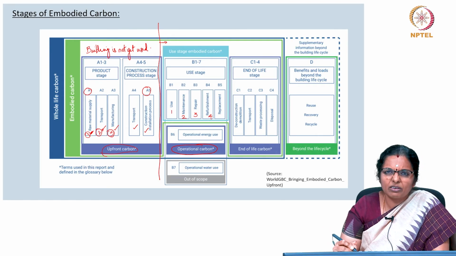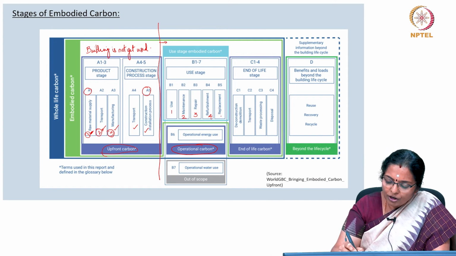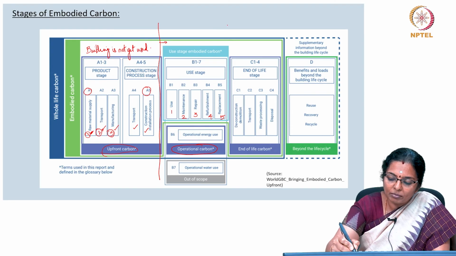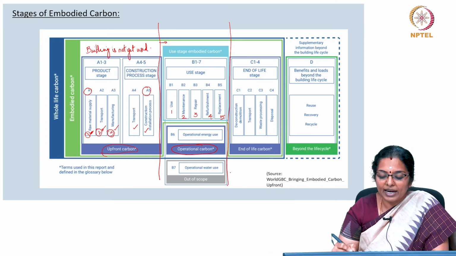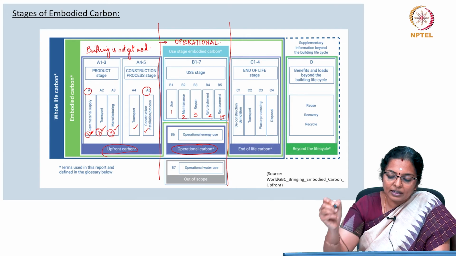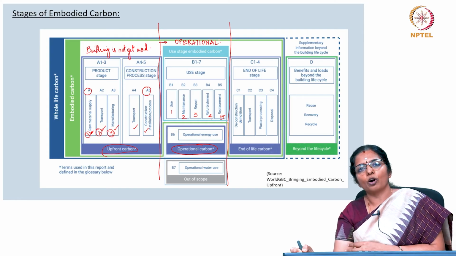It is not working well, so I might think of changing a particular part, or you replace it completely. So, the embodied carbon up to this stage is called operational carbon, because that is the carbon dioxide which is released when you operate the particular product. Imagine the same thing for another product like a mixie.